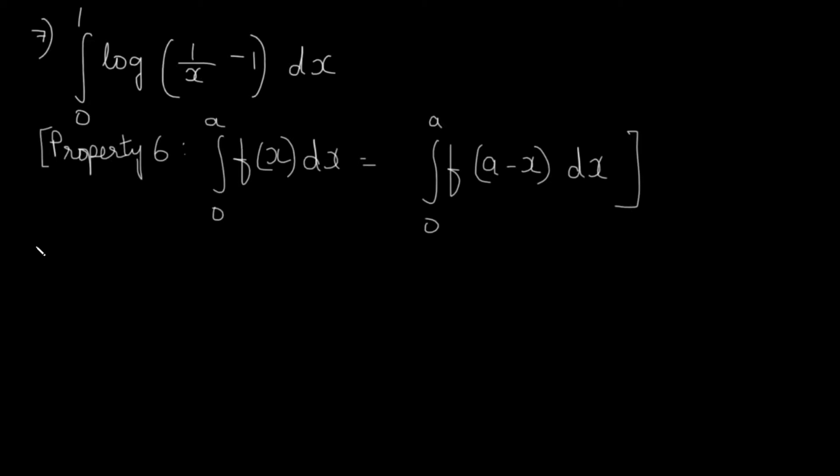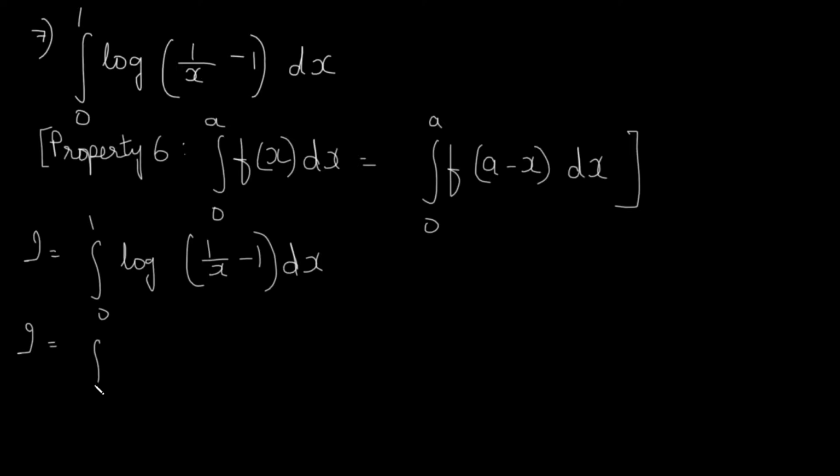So in this case, the question given is 0 to 1 log of 1 upon x minus 1 dx. And by using property 6, we get I is equal to the integral 0 to 1 log of, wherever x is there, we put it as 1 minus x, because the upper limit is 1.